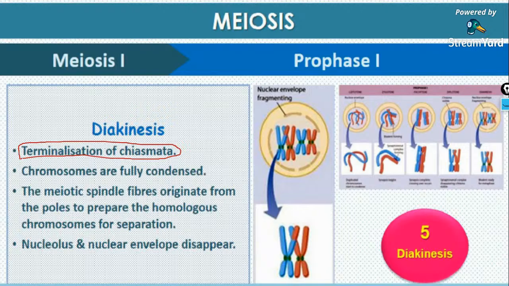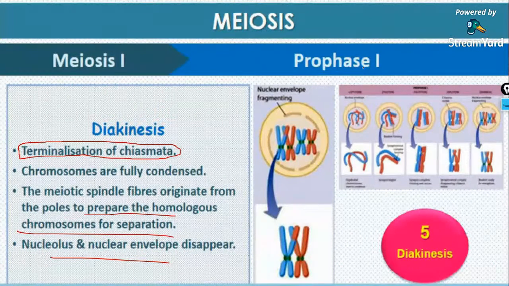Chromosomes are fully condensed. Meiotic spindle fibers originate from the poles to prepare homologous chromosomes for separation. Nucleolus and nuclear envelope disappear.